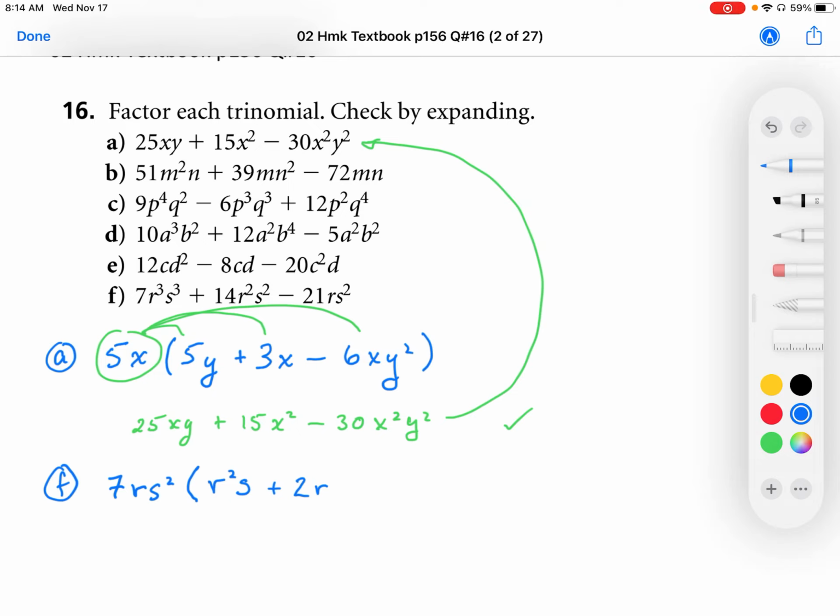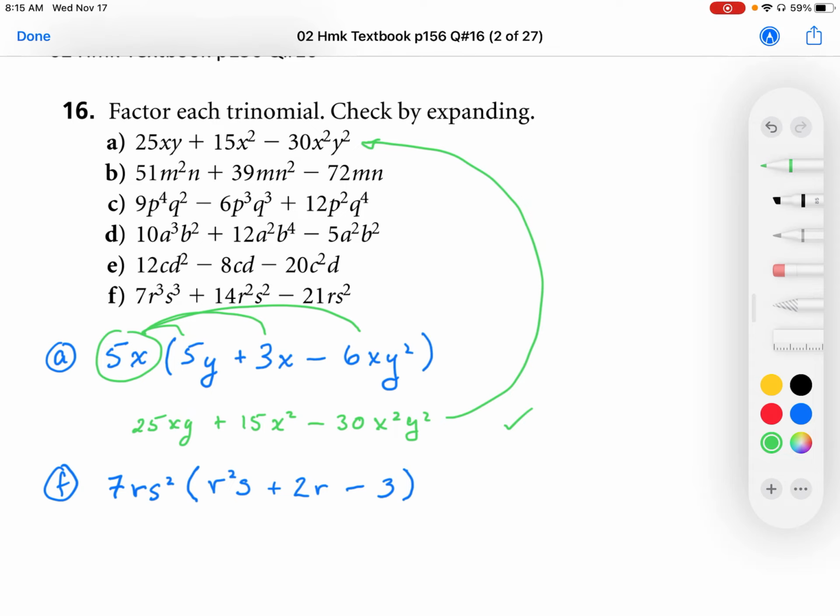S squared divided by s squared, they just cancel out, so we're just left with no s's. So basically, if we take out s squared, we're left with no s's. Minus 21 divided by 7 is 3. The rs squared divided by rs squared, well, they're all gone, so we're just left with a 3 in there.